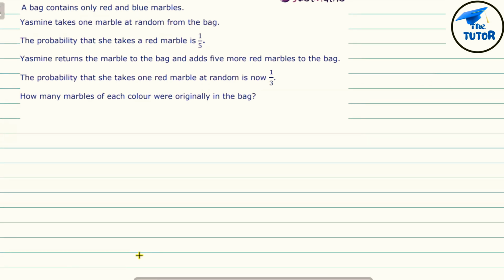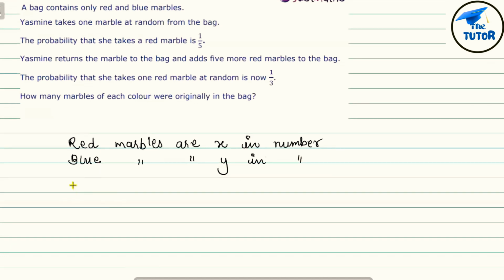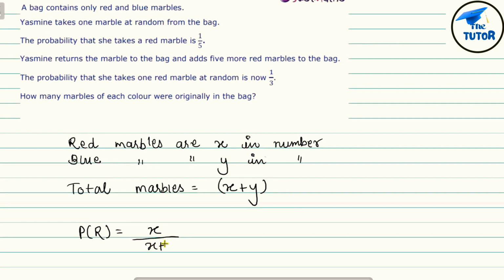Okay, so here we go. Let's consider the red marbles to be x in number, and a different variable for the blue marbles, y in number. The total marbles in the bag will be x plus y. When you find the probability of red marbles, that is the number of red marbles in the numerator, x, over the total marbles in the denominator, x plus y.